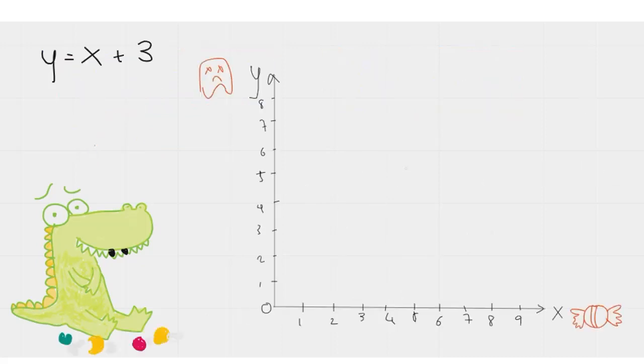So we can actually use a Cartesian plane to graph and draw out this relationship. So here the y-axis means the number of rotten teeth that Alvin has, and the x-axis means the number of lollies that he's eaten.